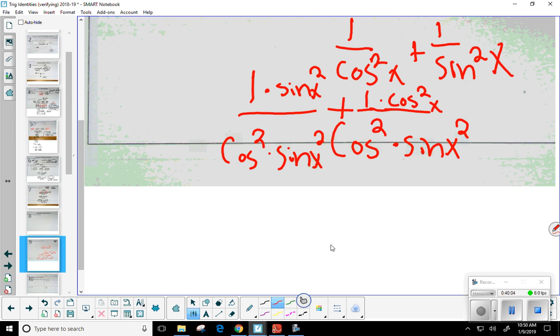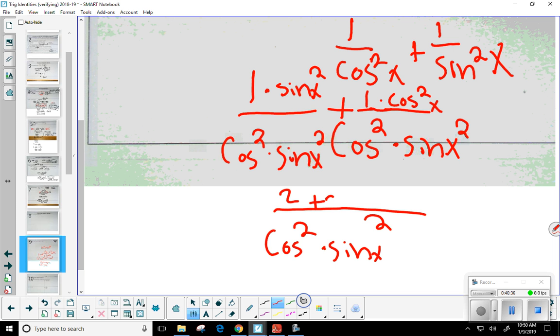What's your denominator? You only have to write it once. So cosine squared sine squared, yes. Okay. And then let's go ahead and draw our line right above it. And what would the numerator look like if we're combining the two different ones?